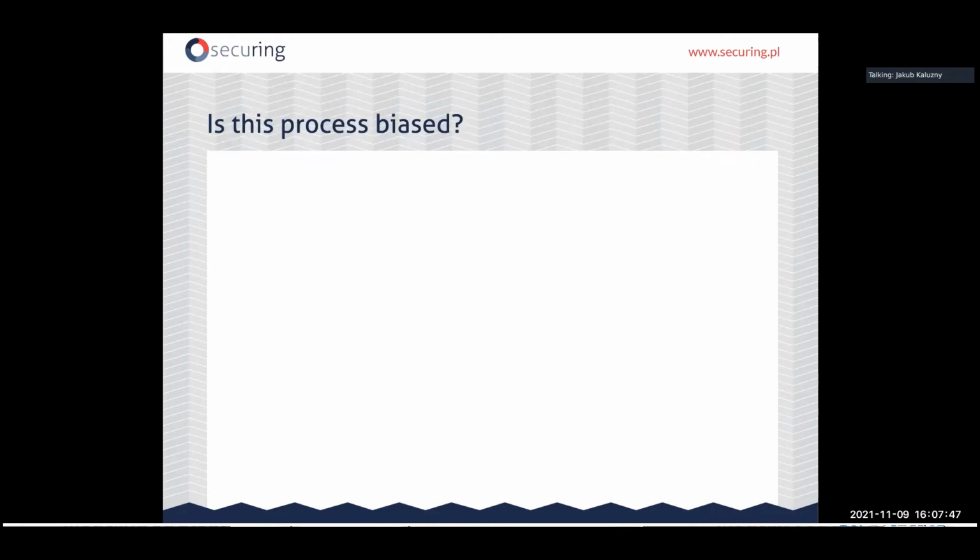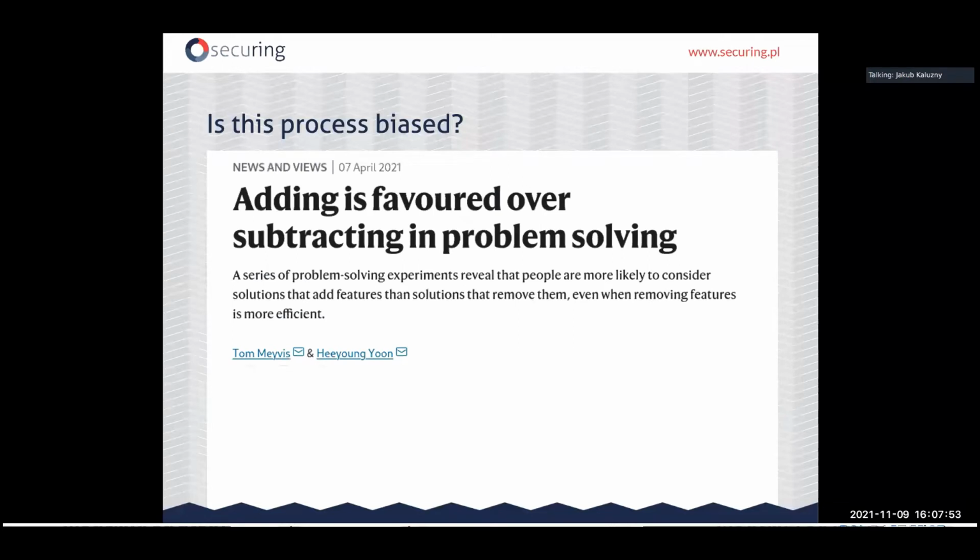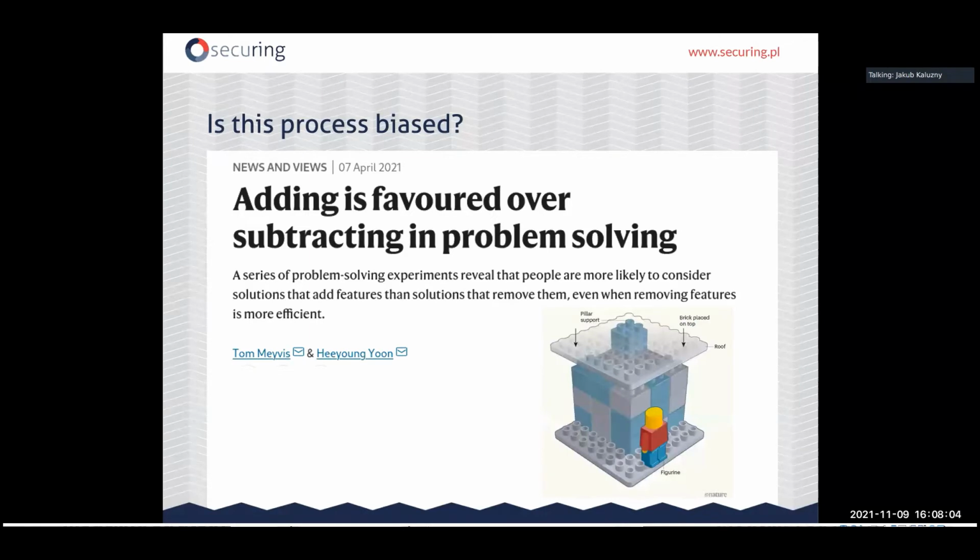The question that I'm going to ask is, is this process biased? Some time ago, I read an article that said people are more likely to consider solutions that add features rather than remove them. This was based on an experiment with Lego bricks.